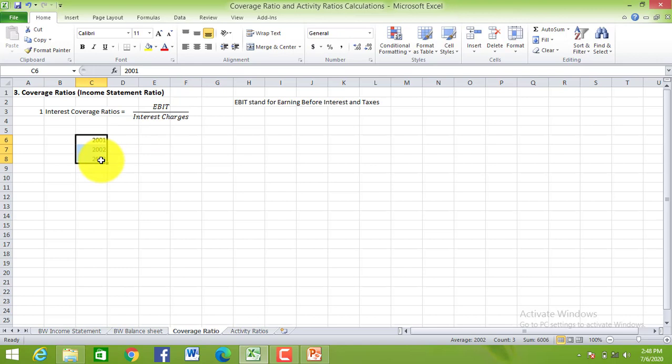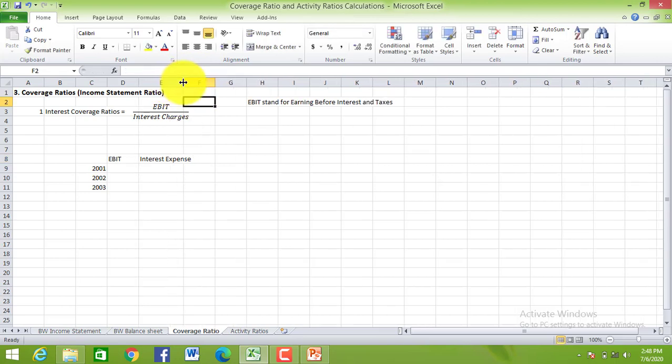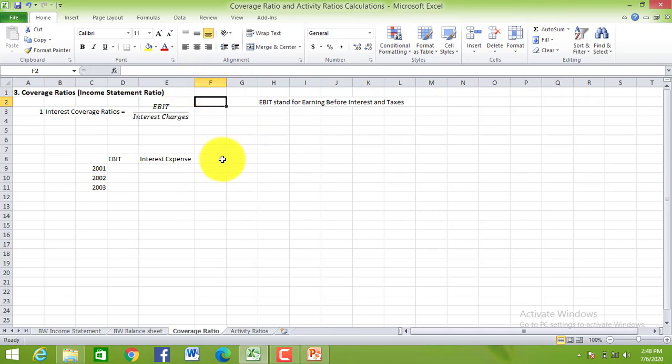I am just going to paste it with Control V. Over here you have to write EBIT, and here interest expense or interest charges, and over here interest coverage ratio.